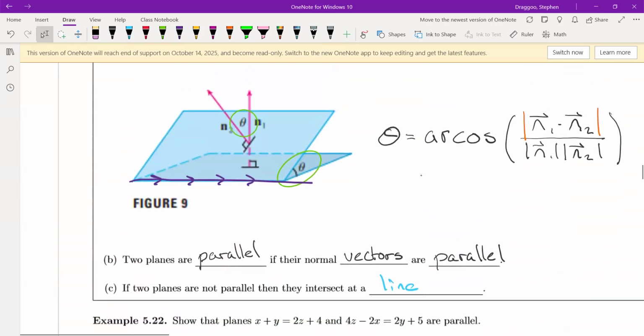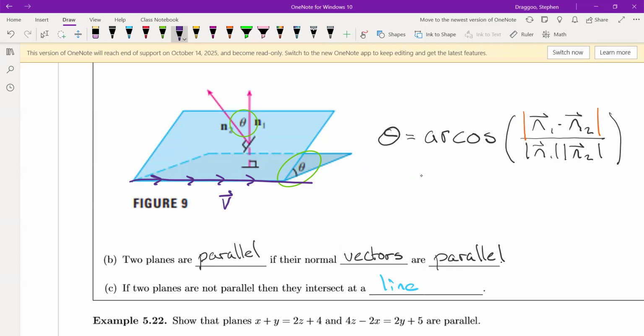For the next part, I need to come up with a direction vector for the line. So I need something parallel to that purple line right there, something that tells me what v is. And if I'm looking at the way this thing is constructed, v needs to lie in both planes, which means that v needs to be perpendicular to both of those normal vectors.